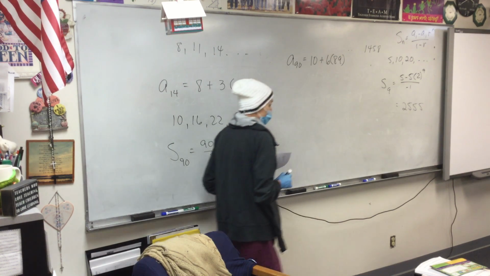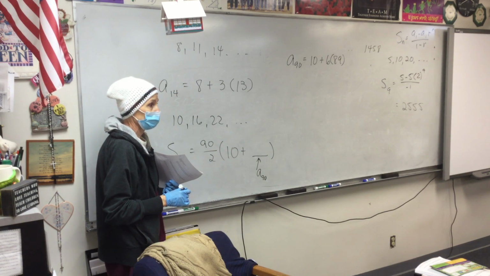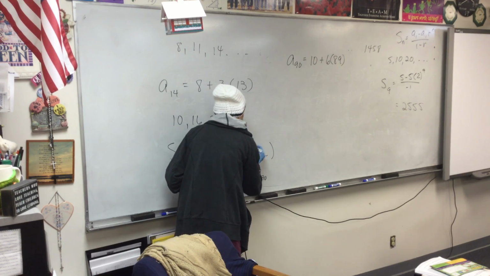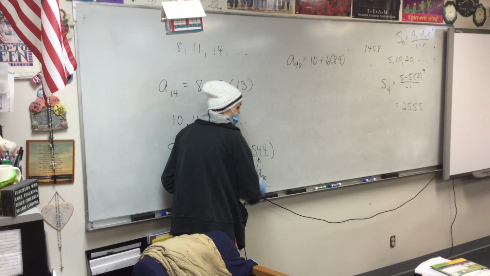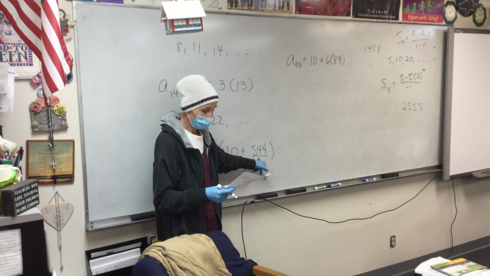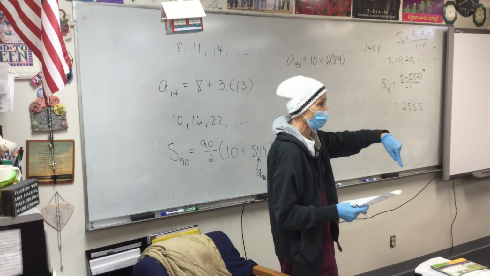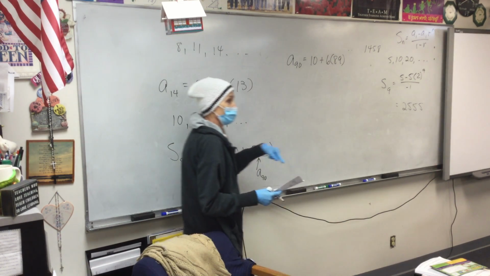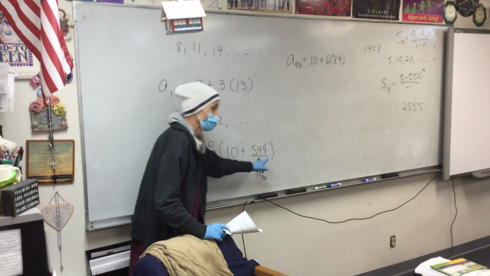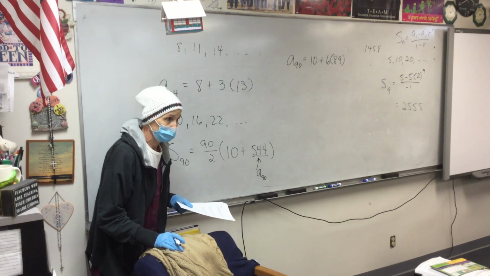All right, somebody type that in for me. What's 10 plus 6 times 89? What did you say? 544. Anybody match that? Yeah. Okay, so what does that 544 represent? Last term. That's how many votes she got on the last day, right? So now we can crank out the answer to the question, which is how many she got all together.